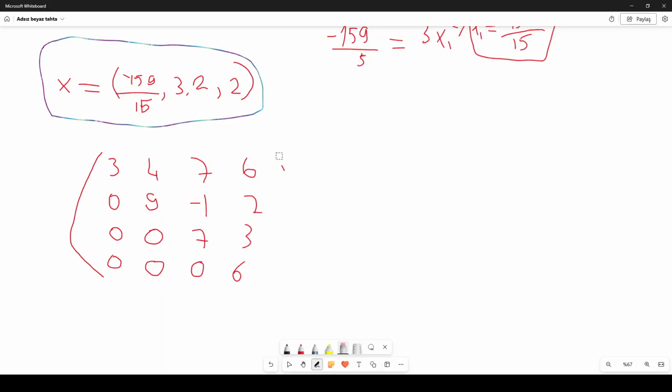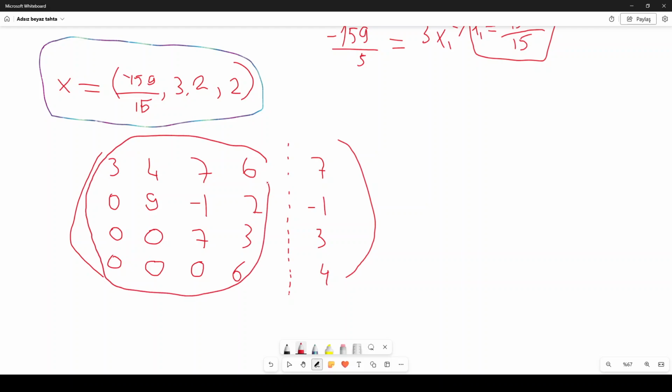Okay. And how would I understand this is an augmented matrix? This is the thing. If we use an augmented matrix, we use a vertical line like this, and this is the way we represent an augmented matrix for a given system of linear equations. And the values to the left of this vertical red line are the coefficient values.